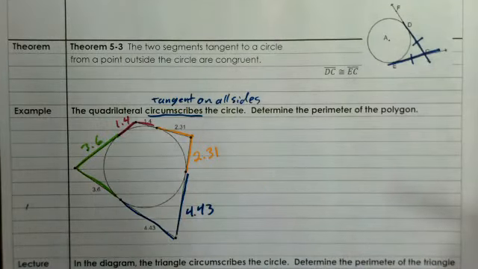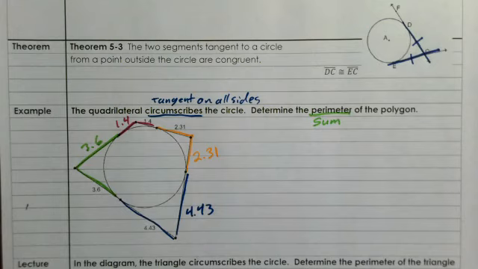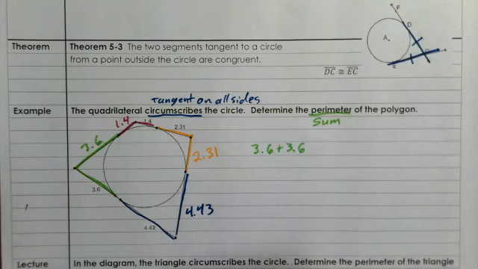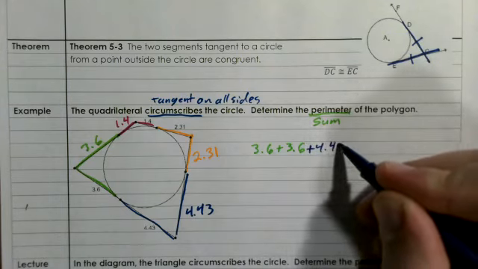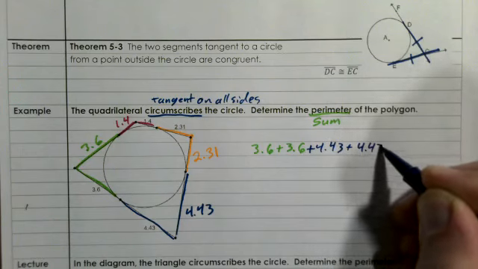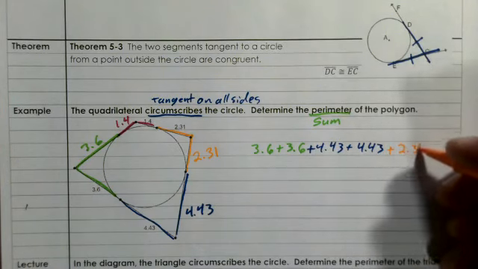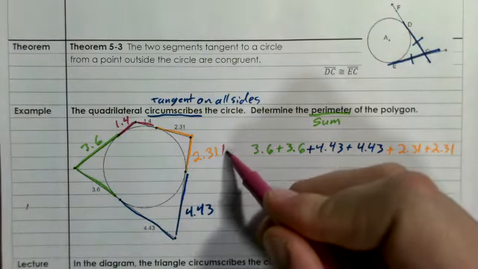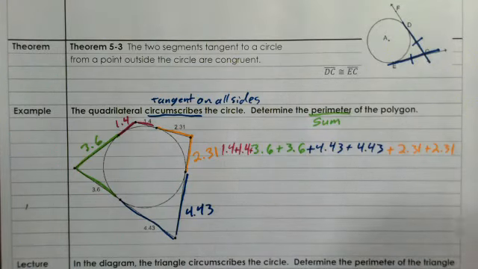So all I need to do to find the perimeter is find the sum of all of those sides. So that's 3.6 plus 3.6, plus two 4.43s, so plus 4.43 plus 4.43, plus two of our 2.31s, 2.31 plus 2.31, and then a couple 1.4s. I'm running out of space over here, so I'll put them at the beginning. Doesn't matter what order you add them up in. There we go. Okay, well, let's see.